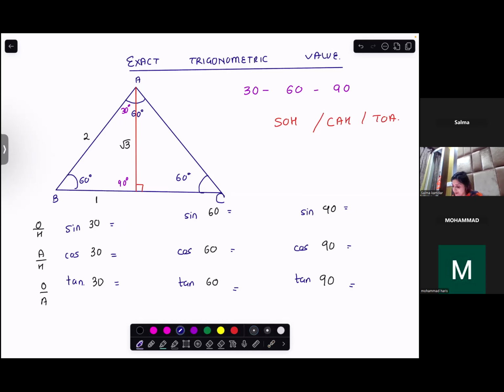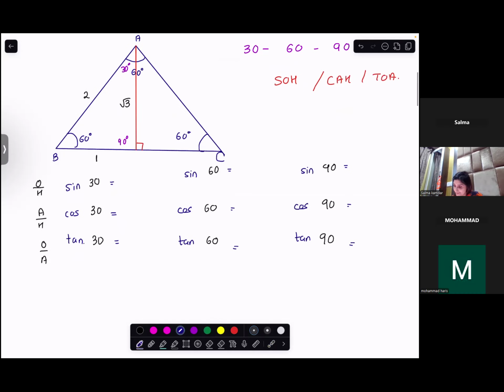Yeah. Can you give me the value of sine 30? Opposite over the hypotenuse. This is the hypotenuse under any circumstances. So sine 30 is 1 by 2. Okay.